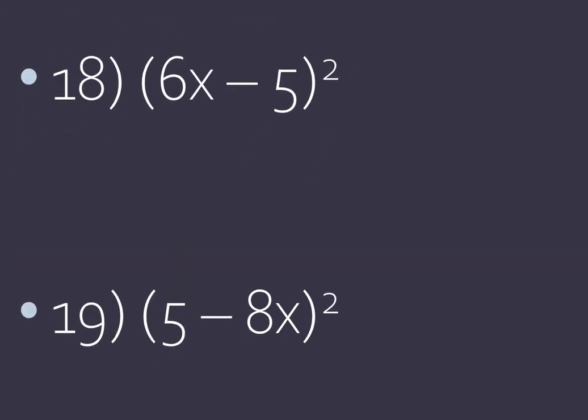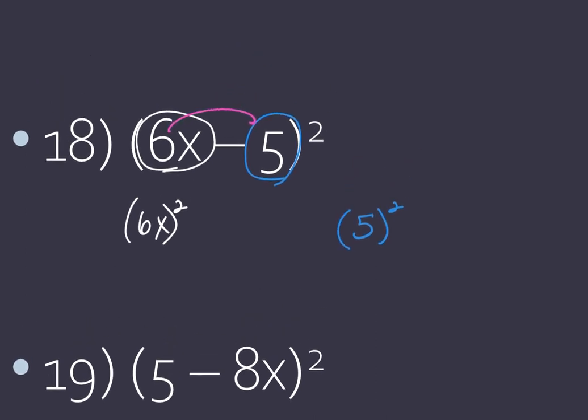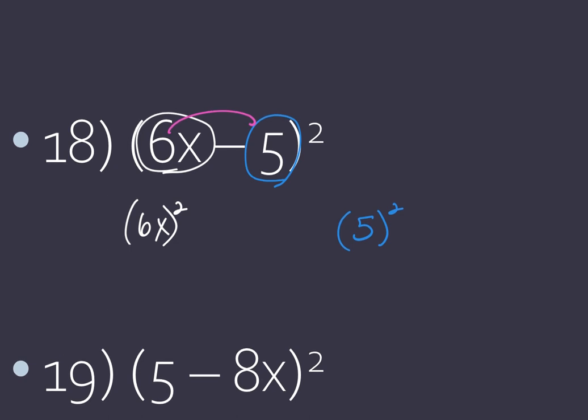18 is your perfect square, or the square of a binomial. So I square the first term, and that's the first term. I square the last term, and that's the last term. And then I double the product, paying attention to the sign. So 6x times negative 5 is negative 30x.